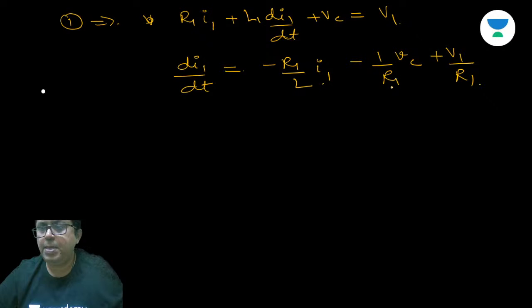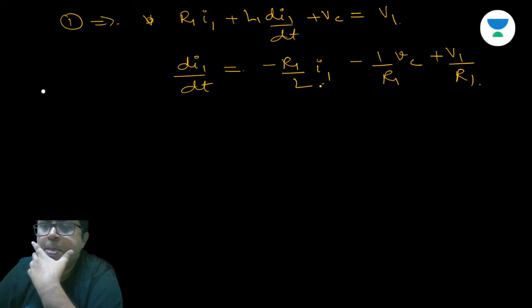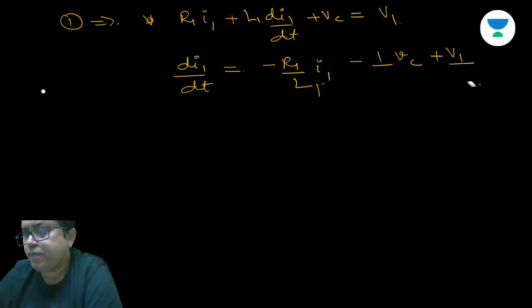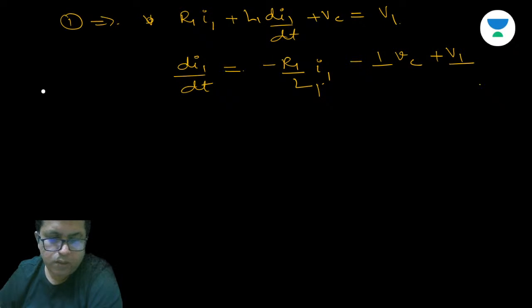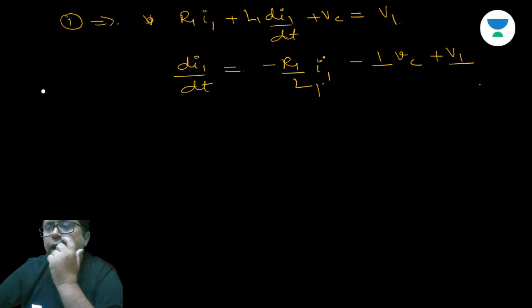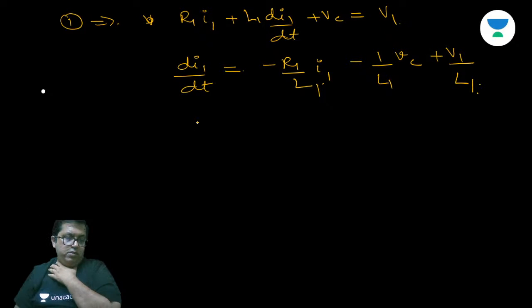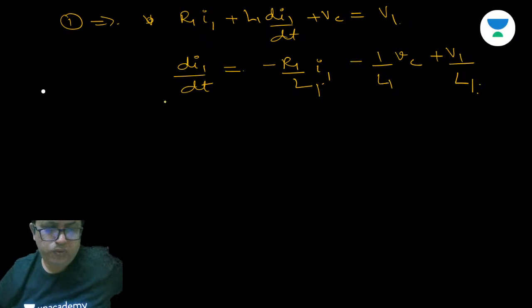Oh, sorry. This is not R1. Let us recheck this. di1 by dt is equals to minus R1 by L1 I1 minus 1 by L1 Vc. This is V1 by L1.